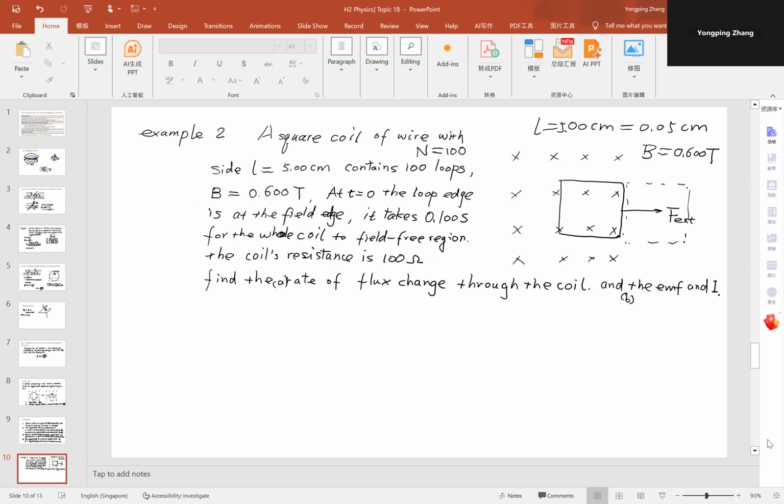So, the solution. We first find phi B equals BA, equals 0.6 T times A, which is the side squared, equals 1.5 times 10 to the minus 3 Weber.